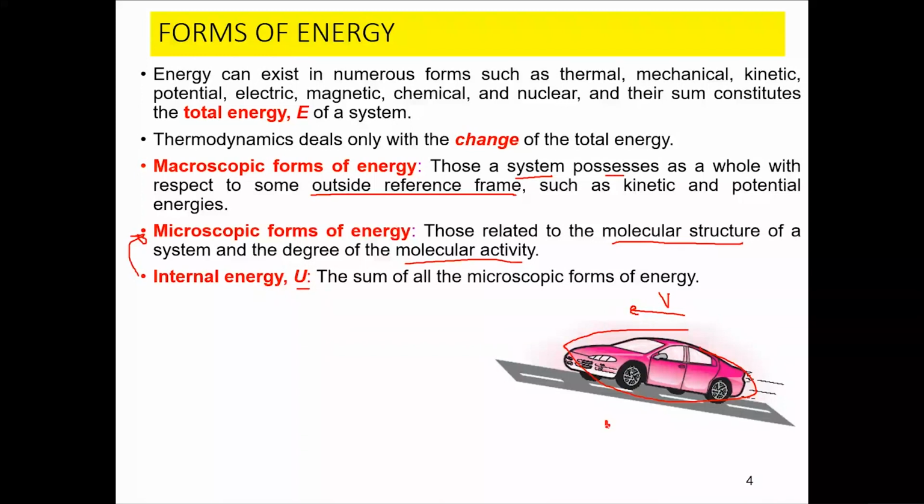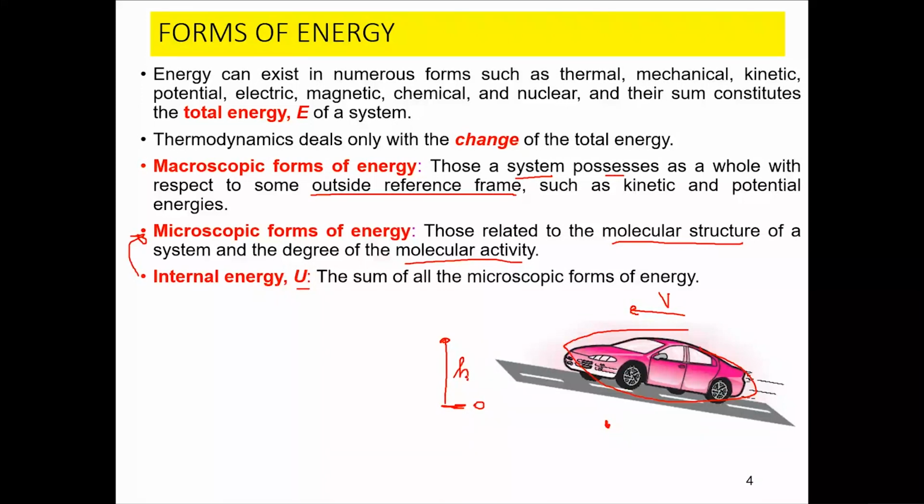Now the system possesses kinetic energy, which is the macroscopic form of energy. Similarly, if I've defined this level as my zero level, and I'm holding a ball over here, I say that the potential energy at this height is zero. If I increase the potential energy of the ball, which is my system, with reference to this level, it would have a certain amount of potential energy as a whole.